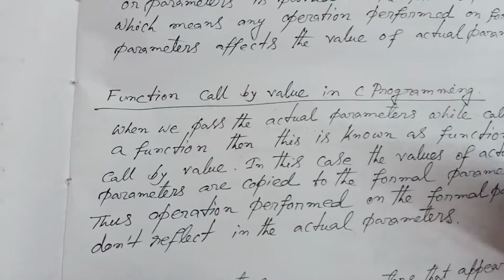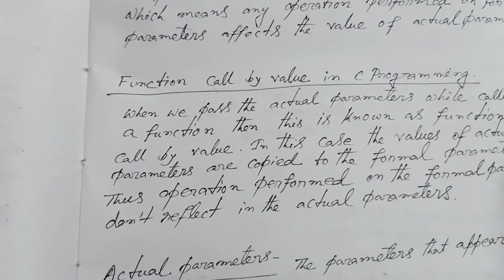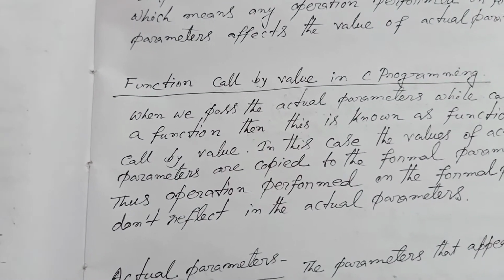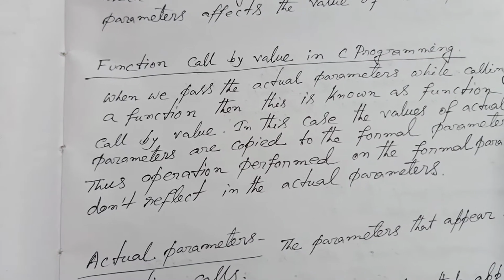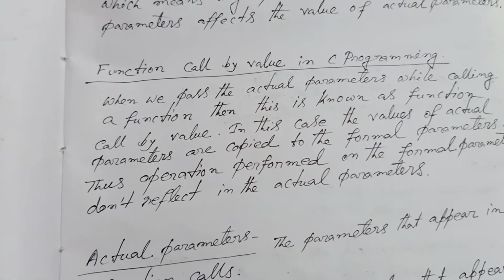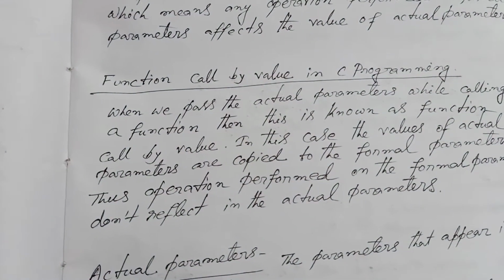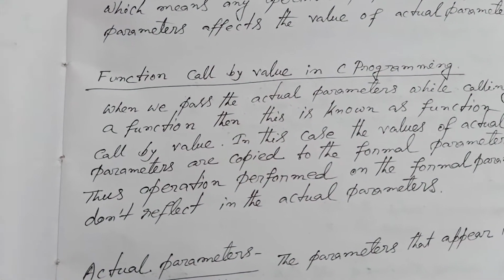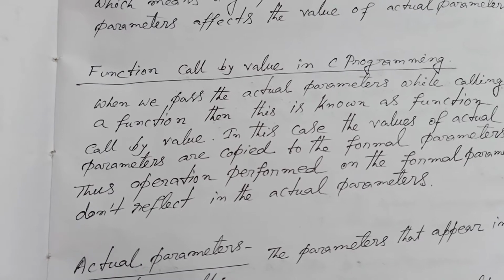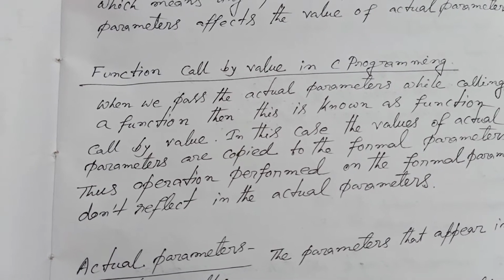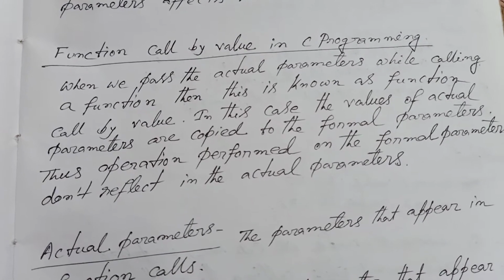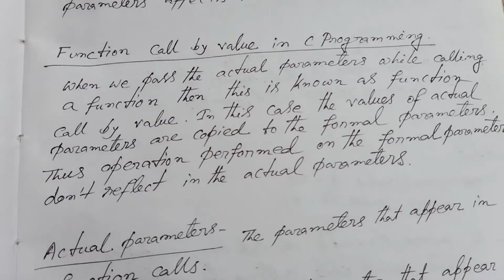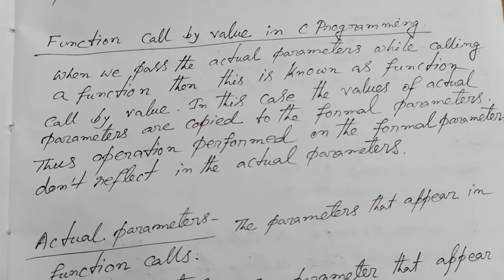First, function call by value in C programming. When we pass the actual parameter while calling a function, this is known as function call by value. In this case, the values of actual parameters are copied to the formal parameters.